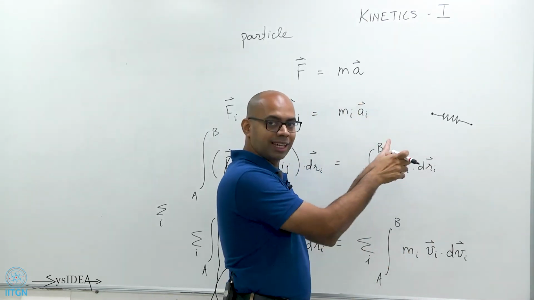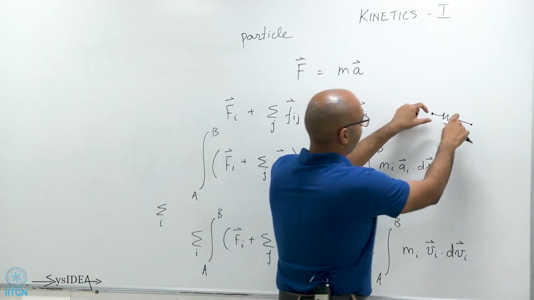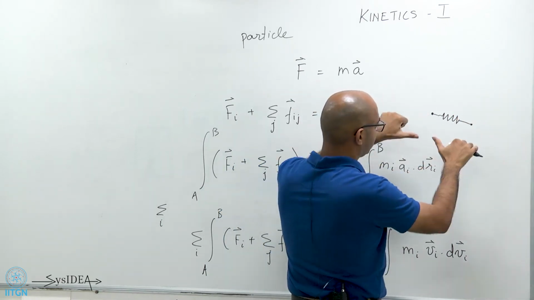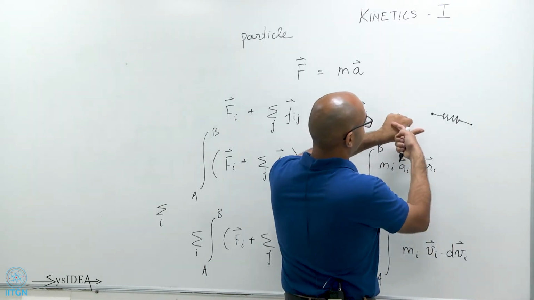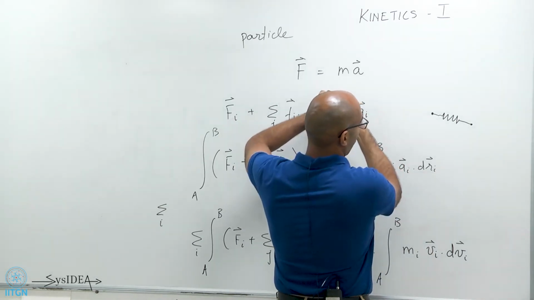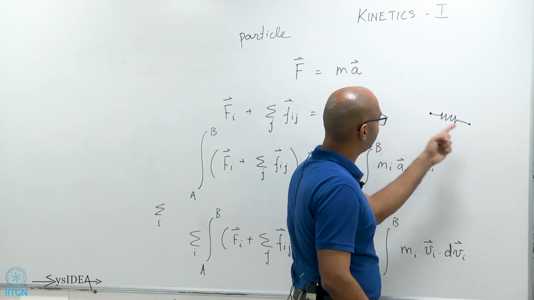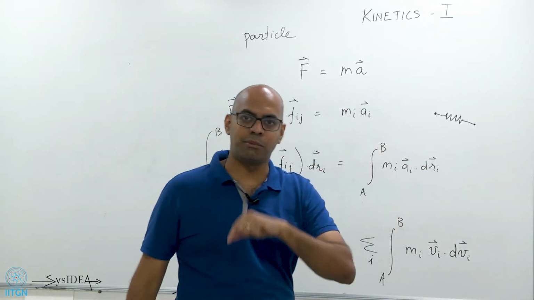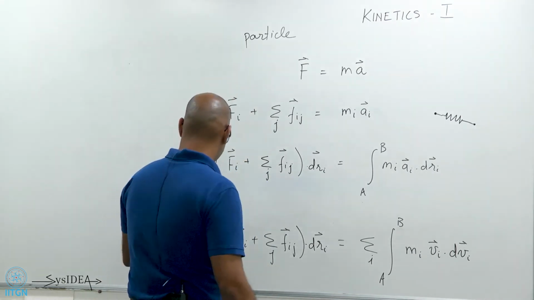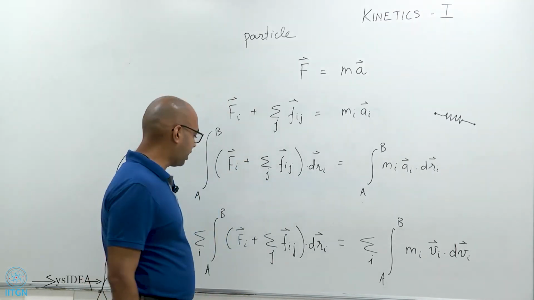Even though the forces are equal and opposite, if there's extension in the spring, there are forces pulling them closer to each other. But in each case, the particle is moving in the opposite direction of the force, so negative work here and negative work here. So it doesn't cancel out, it becomes double negative. So you can see that this sum no longer adds up to 0.